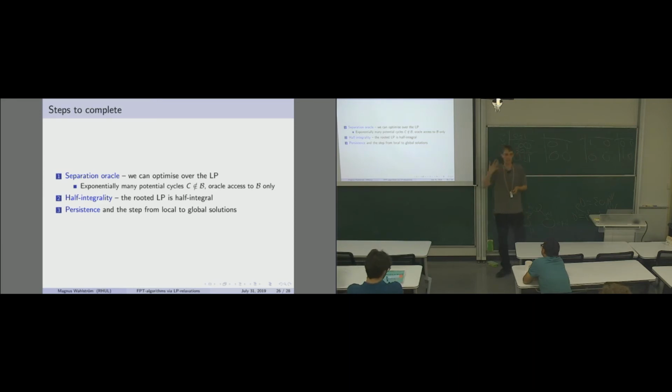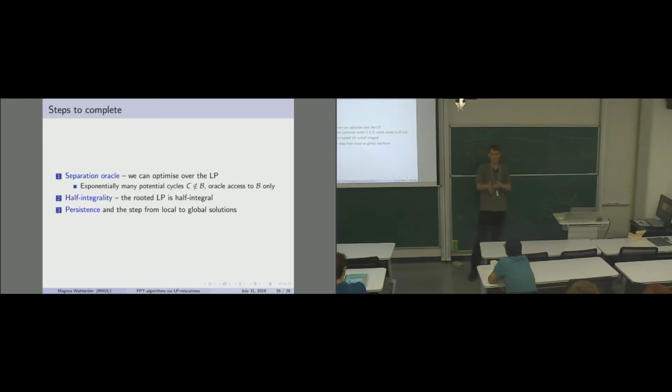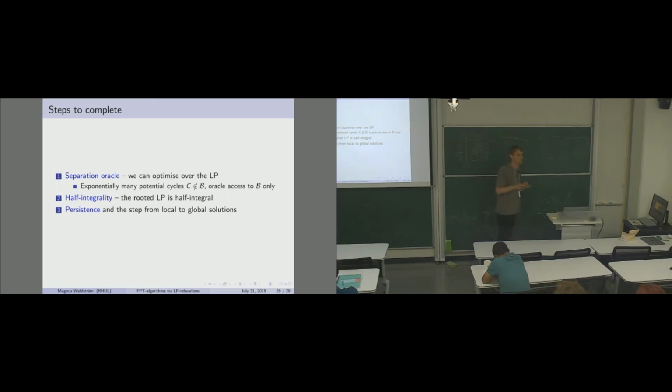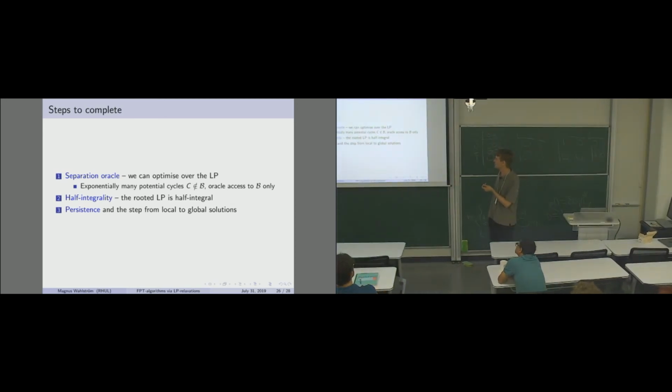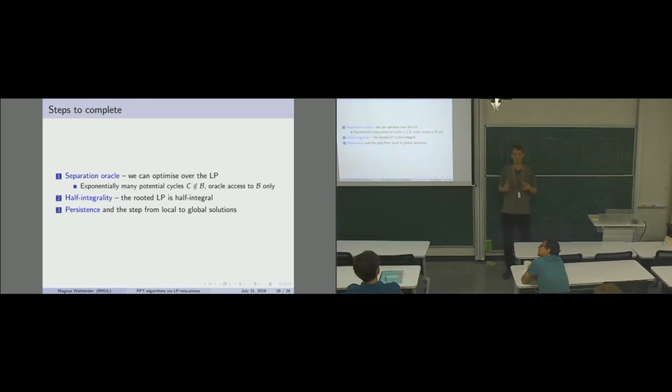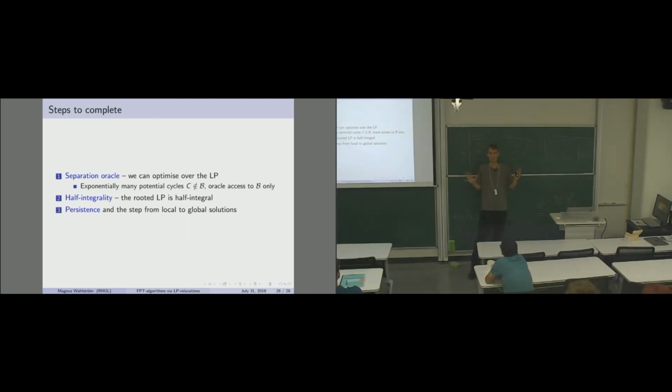It just tells you you're able to find a cheapest way to isolate the root from the rest of the world. But the problem is, if you think about what you need, you're not really solving the rooted problem. You're solving the original problem without roots. You need the property that whatever solution you find locally will be contained in a global optimal solution. There's a step from local to global.